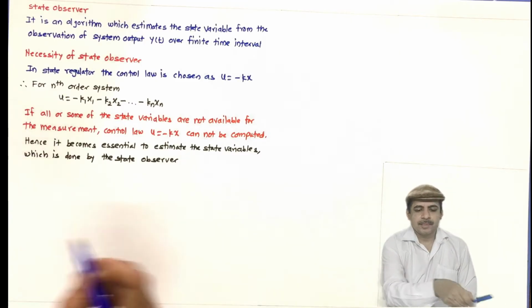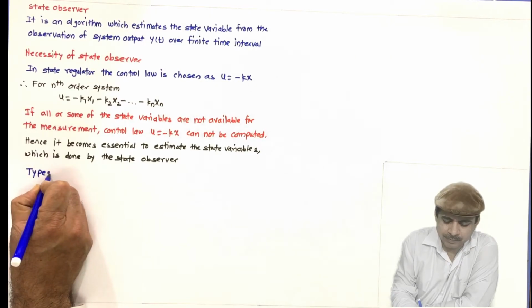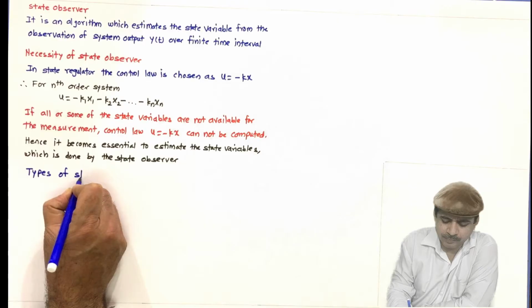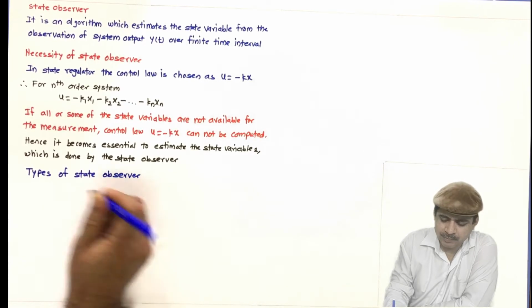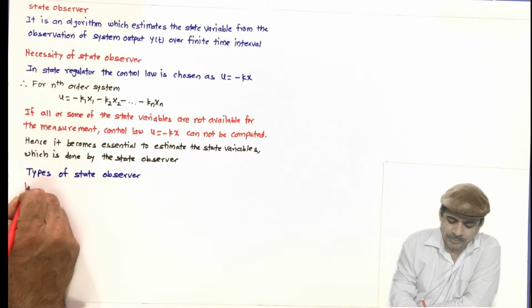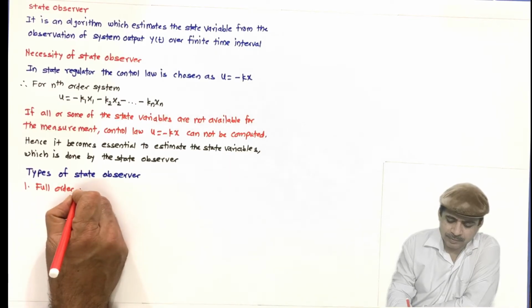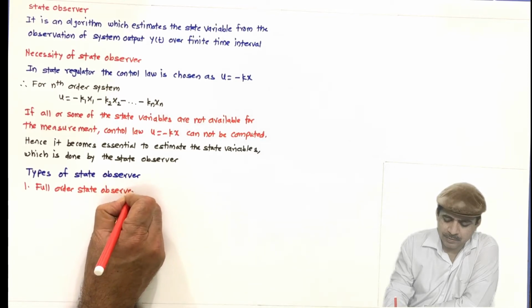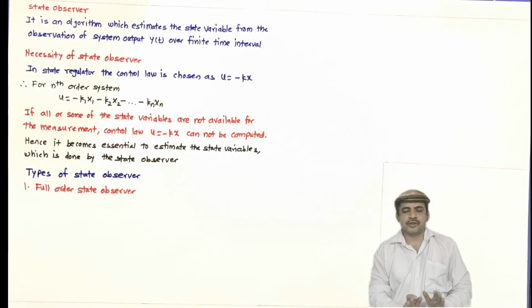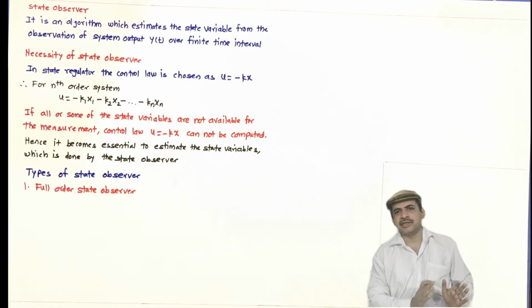Now we will see the types of state observer. So first type is full order state observer. So full order state observer is a state observer which estimates all n state variables irrespective of whether they are available for the measurement or not.